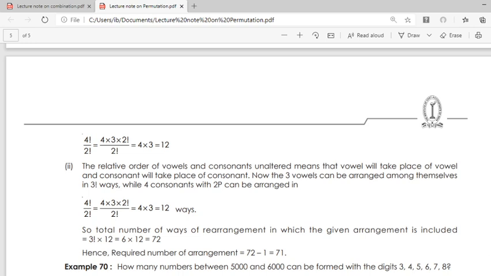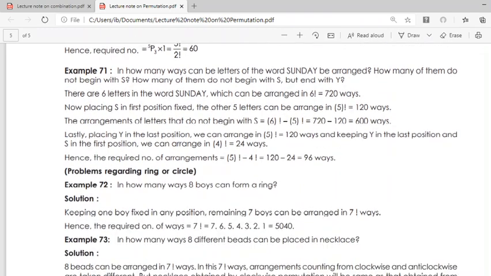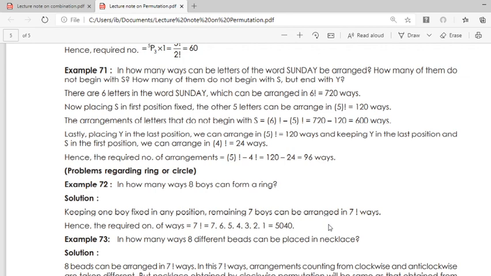So I now have 72 minus 1, and my final answer is 71. The next one is also similar, but you can read that on your own to avoid repetition. But let me just explain 71 and 72.